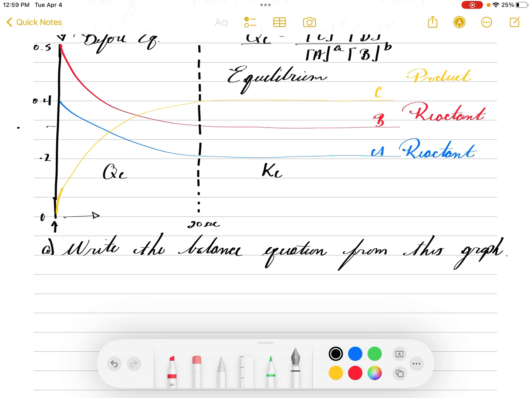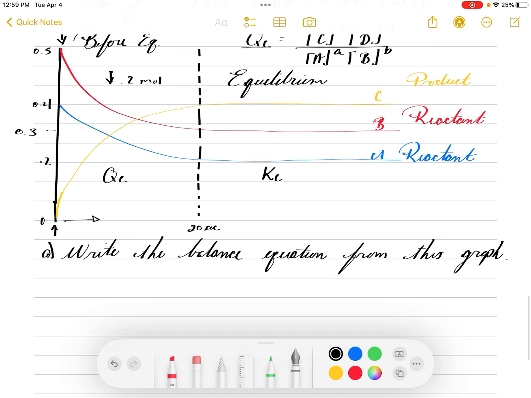So over the 20 seconds we have a decrease of 0.2 moles for reactant B. And we have a decrease here from 0.4 to 0.2, also 0.2 mole.